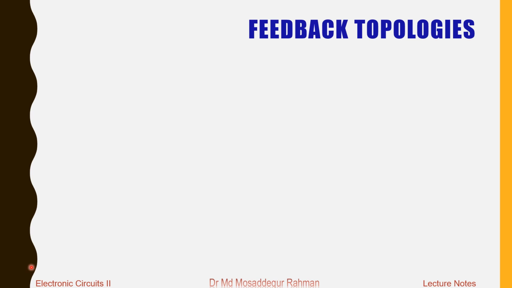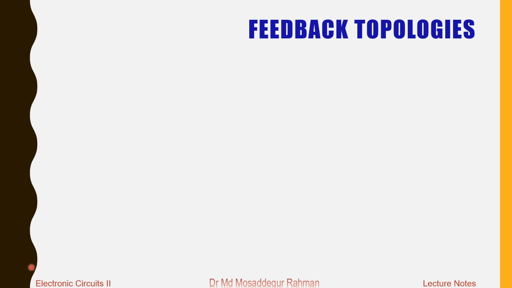input side, whether it is mixing a current or a voltage, we can have four different feedback topologies, because there are two variables at the input, current and voltage, and two variables at the output side, current and voltage, and we can have four different combinations of these signals.